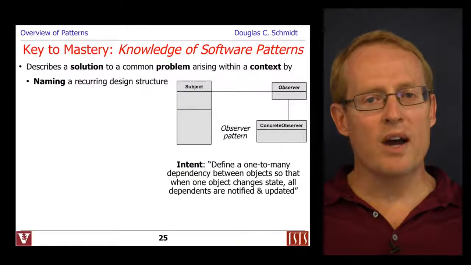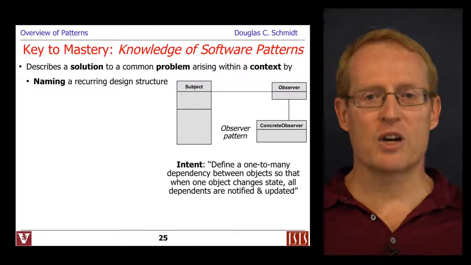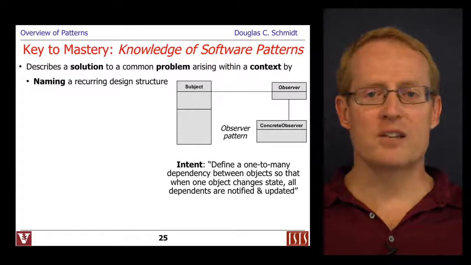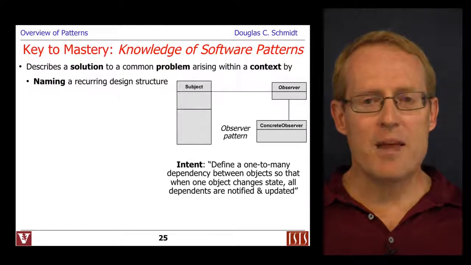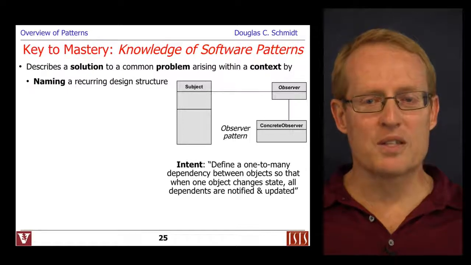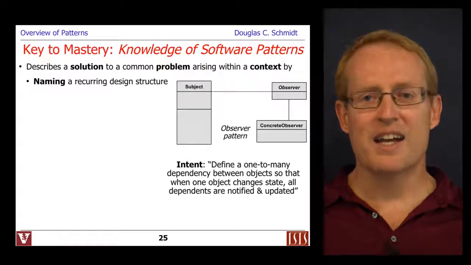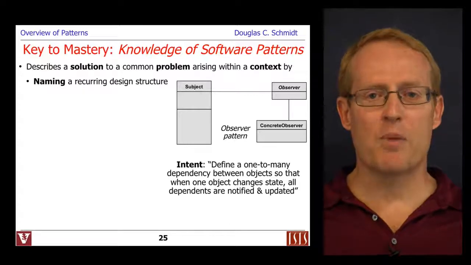So what do we do? How do patterns actually describe these common solutions to problems in a particular context? Well, the first thing that they do is they start by naming a recurring design structure. Here's an example. This structure we're looking at here, which will unfold a bit over the next few slides, is actually something called the observer pattern.